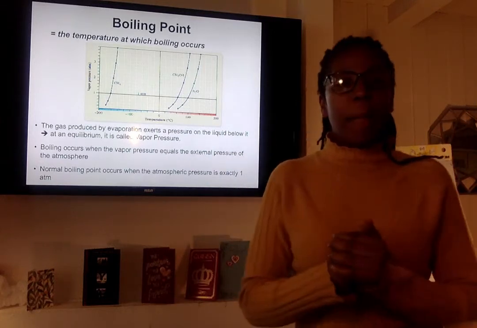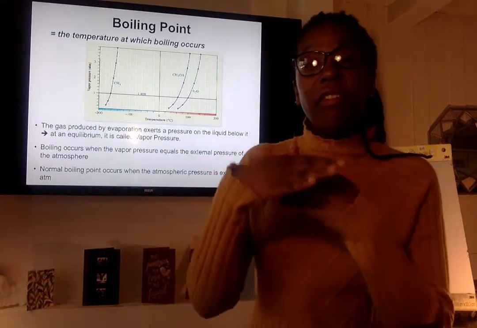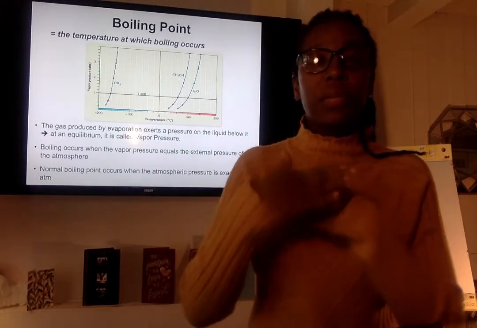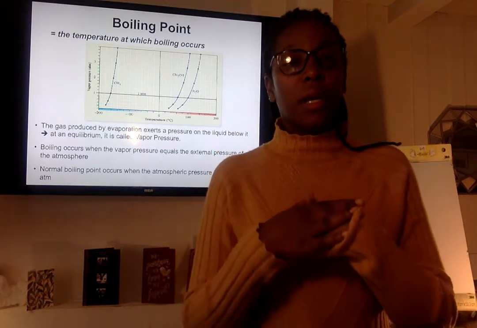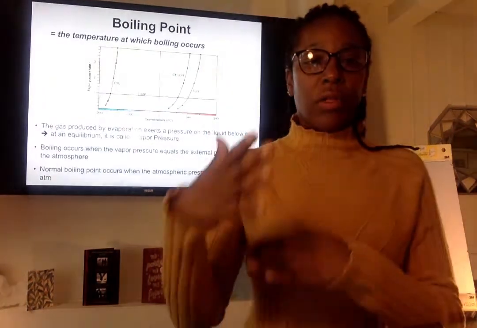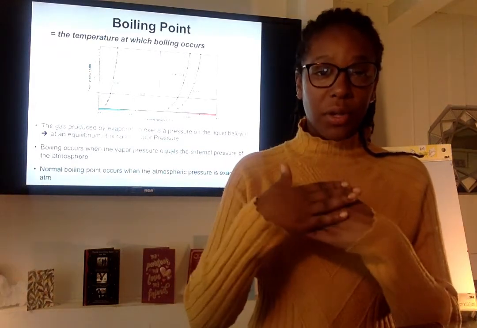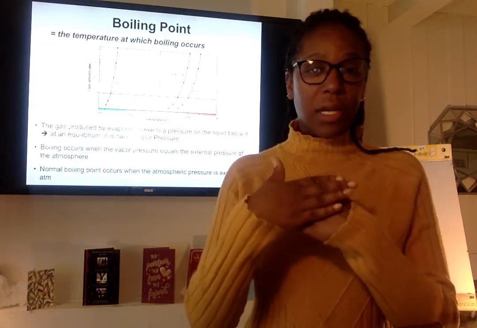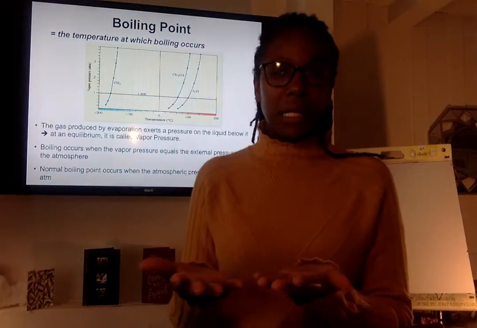So when you hear vapor pressure, you want to just think of, in that phase change, the pressure that's being exerted from those gas molecules to the liquid. Okay, so in that phase change of evaporation, the vapor pressure is from the actual gas molecules that are being created to the liquid that it's coming from, in a sense.